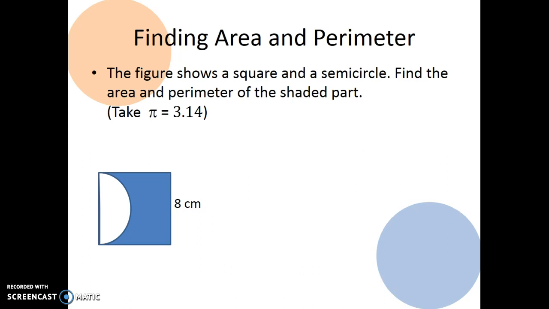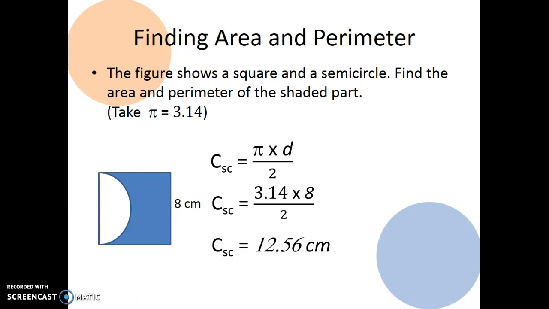Okay, now to find the perimeter, what we need to do is find the circumference of this part right here, so half of the semicircle, and then add that to these other 3 edges. So pi times d divided by 2, 3.14 times 8 divided by 2, and we're going to get 12.56 centimeters.